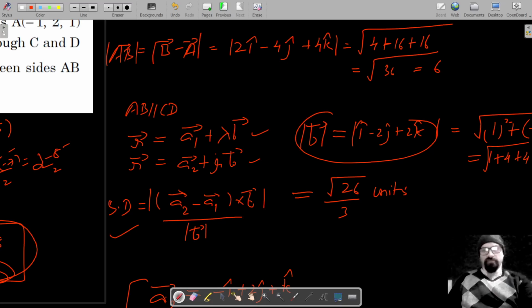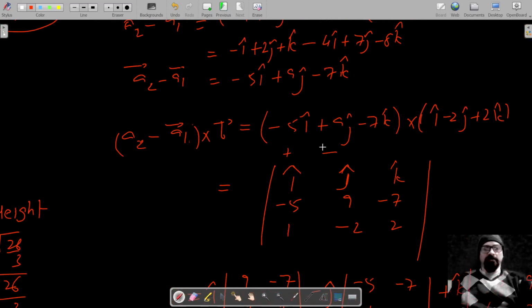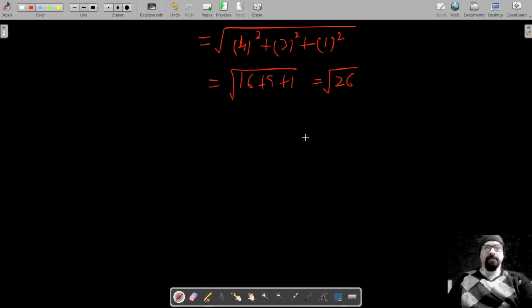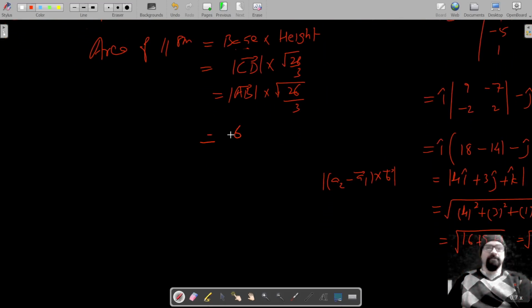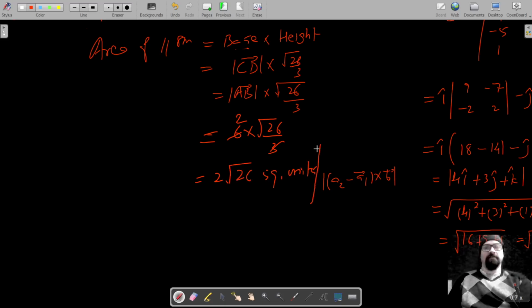So AB is equal to 6, and so the area is now equal to 6 into under root 26 by 3, which is 2 under root 26 square units, the area of the parallelogram.